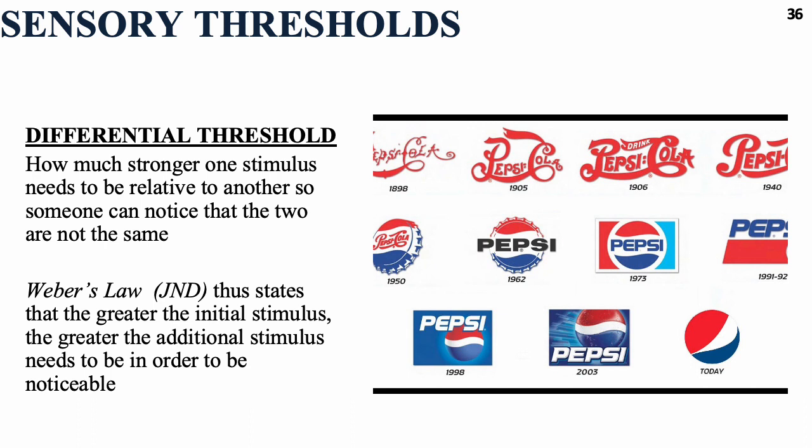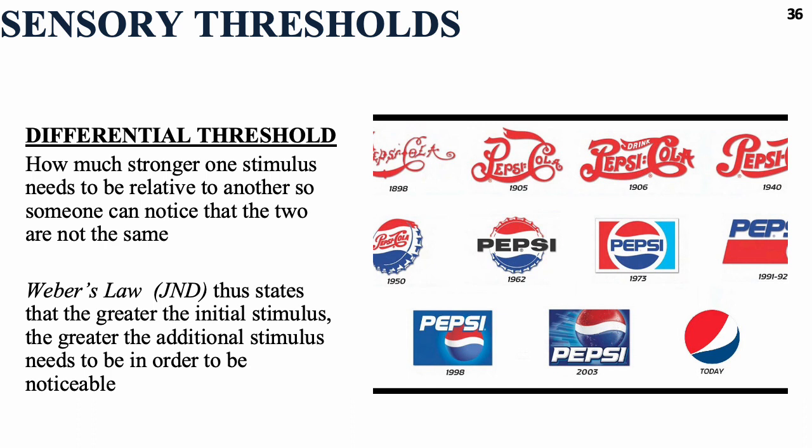So can the average consumer tell a difference between Pepsi's logo in 1898 versus the Pepsi logo in 1905, the Pepsi logo in 1998 versus 2003 versus today, for example? And so we're constantly trying to figure out this differential threshold.